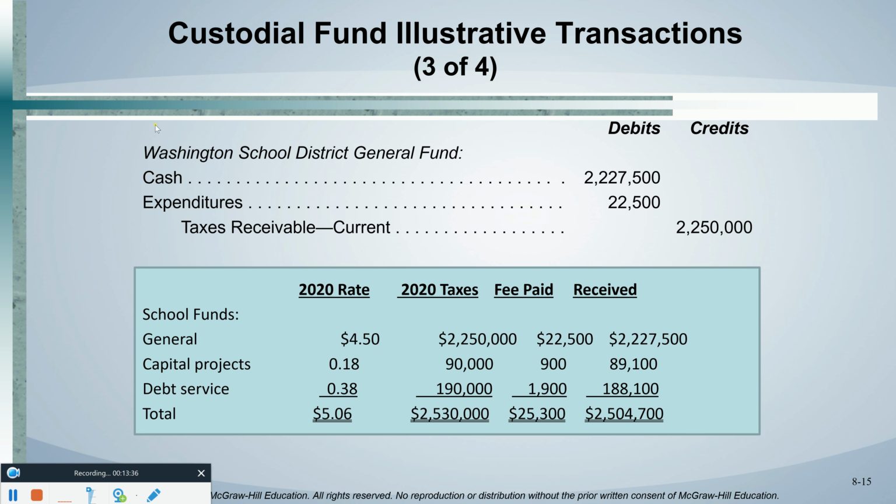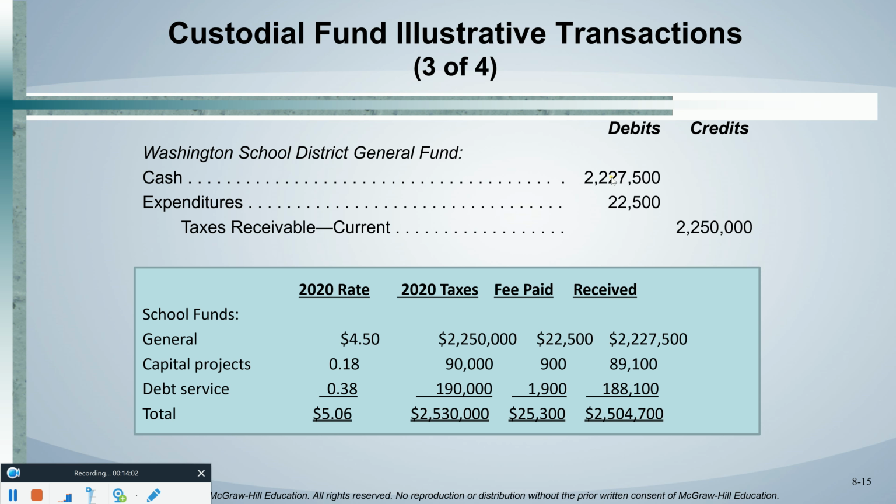So as you can see up here, we're concentrating on the general fund, circling it with my cursor here. So the general fund, what do we collect on their behalf? $2,250,000. So on the books and records of the general fund, we're going to credit the receivable for $2,250,000, but they only received $2,227,500.